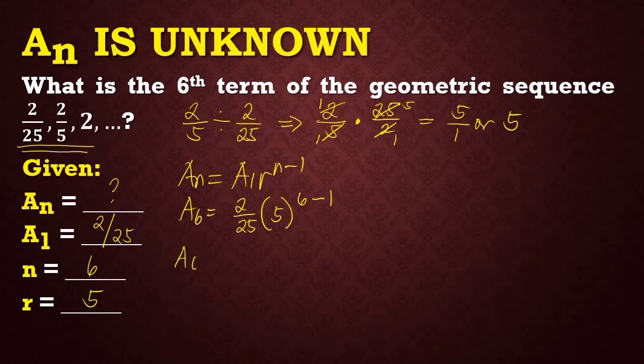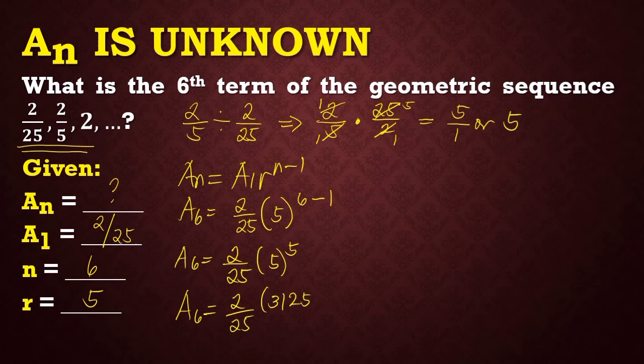So a sub 6 is equal to 2 over 25 times 5 raised to 5. So if we raise 5 to 5, the product will be 3,125.